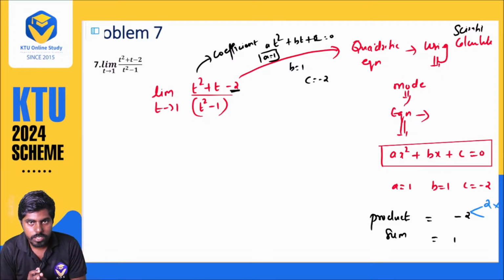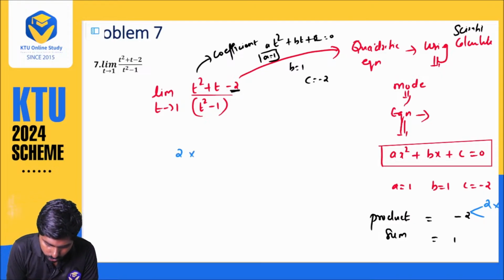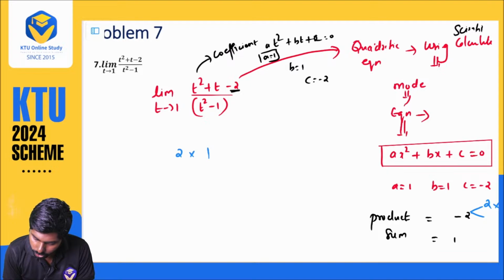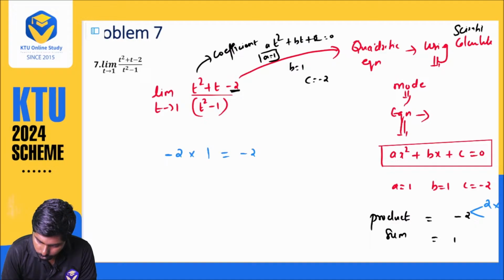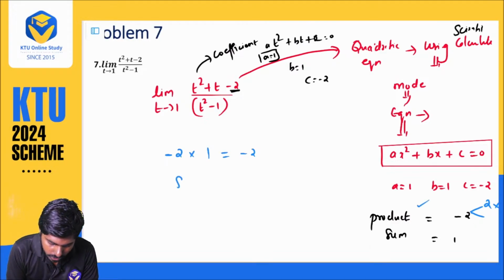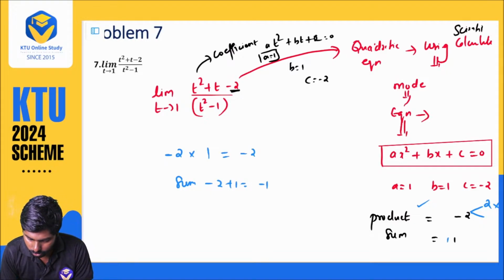But I need negative, so I substitute a minus symbol, and it becomes minus 2. So the product condition is satisfied. But the sum: minus 2 plus 1 is minus 1, while the sum should be plus 1.